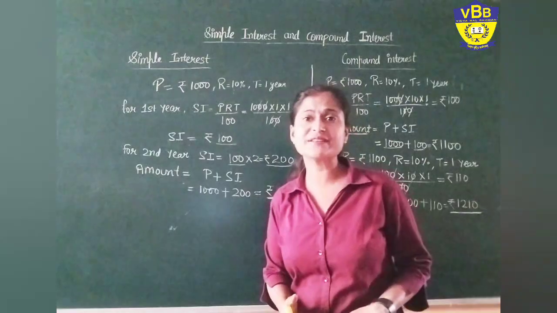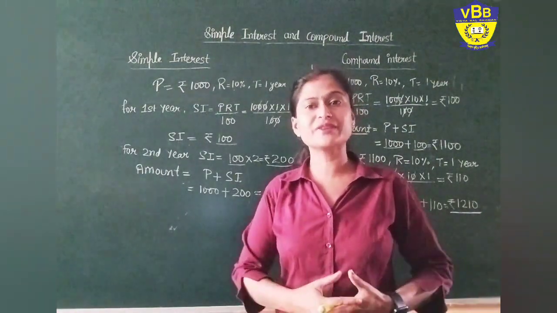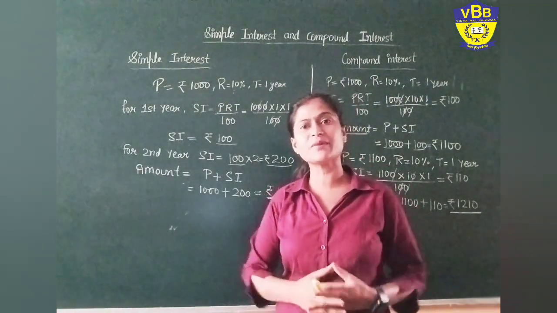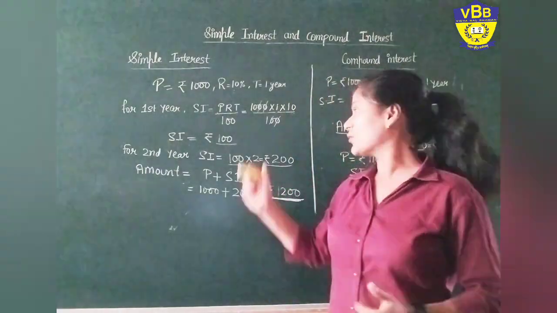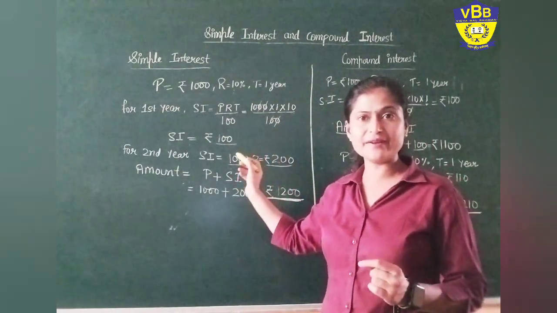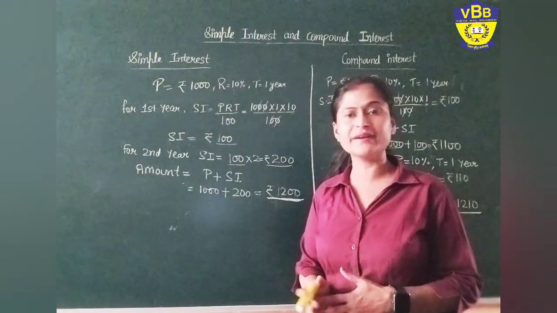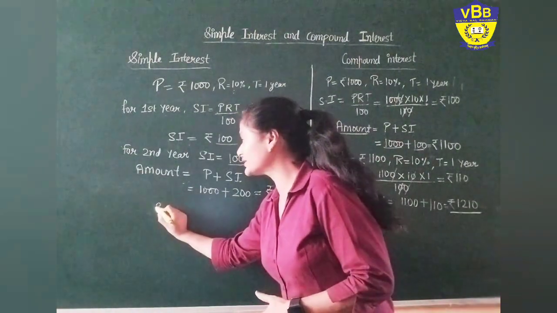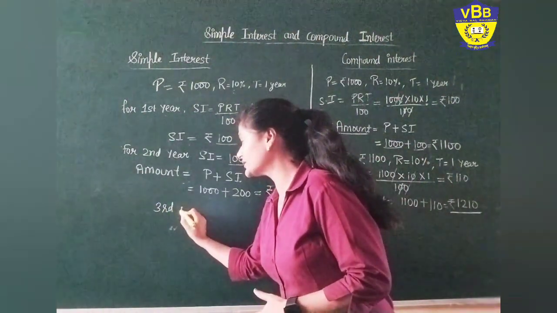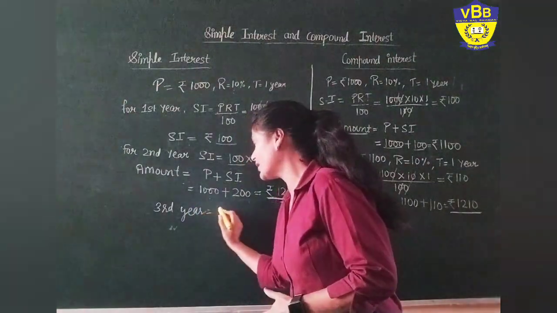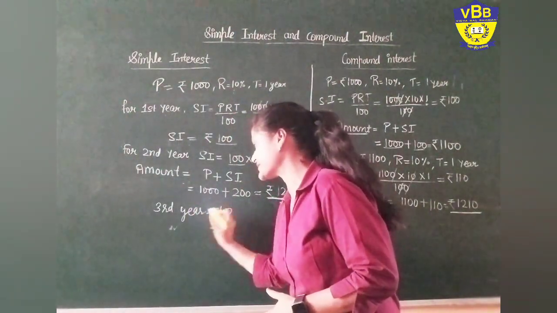If someone asks what amount we will get after 3 years, for the first year simple interest will be 100, for the second year it is also 100, and for the third year it is also 100 rupees as simple interest.